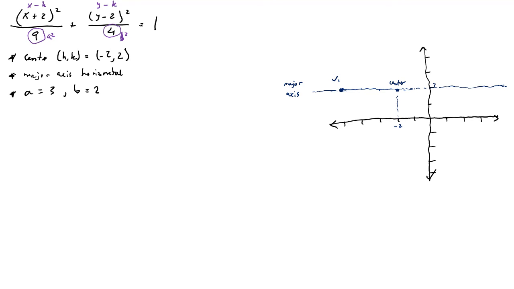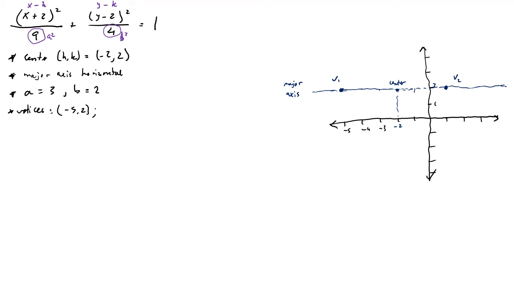And if I go 3 in the other direction, 1, 2, 3 right here, that gives us our second vertex. So we can actually go ahead and write that down. So vertices are going to be the point, so V1, that's going to be -3, -4, -5. So that's going to be the point -5, 2.